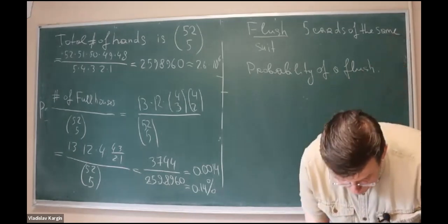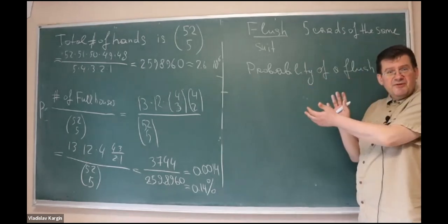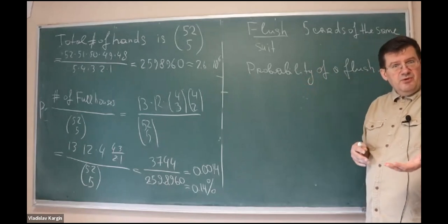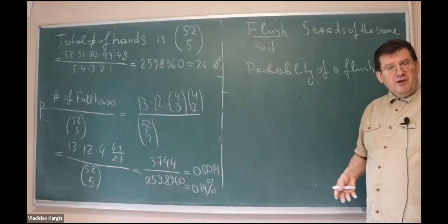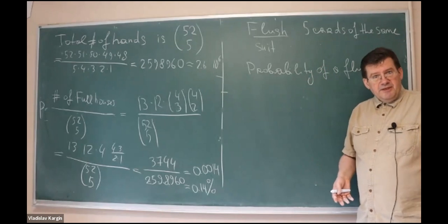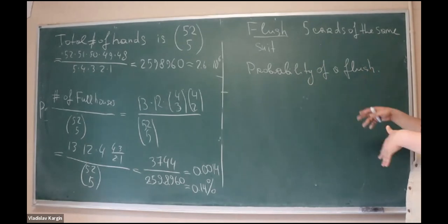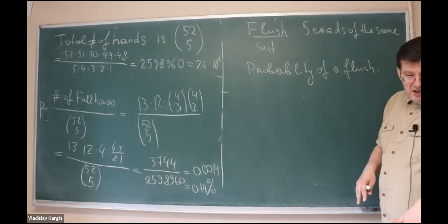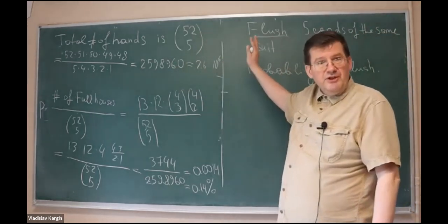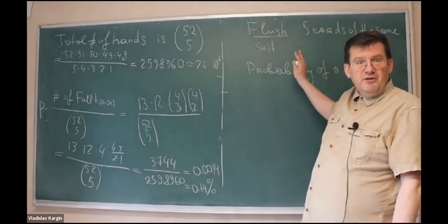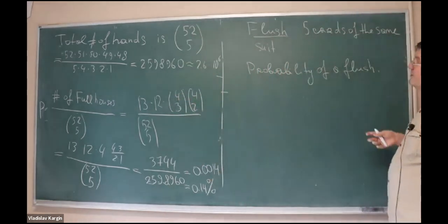And a smaller value of a hand means that it's probably more probable, because it's natural to think that more valuable hands will come to you less frequently. So we're trying to justify this intuition, this rule that an arbitrary flush, not a straight flush, not a royal flush, is less valuable than a full house. For this, we'll need to calculate this probability.